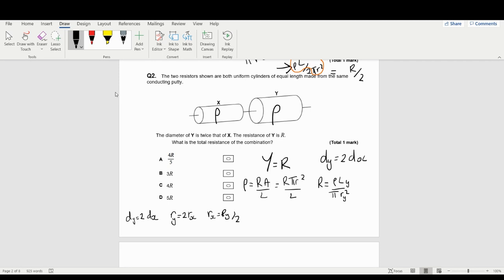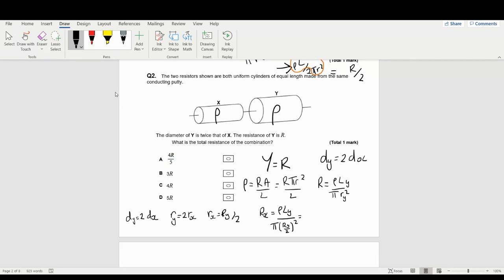Okay. So what's going to happen here is we're going to bung this into the formula. So we've got the R of X is going to be rho L of Y. Okay. And of course it's going to be pi, and technically it would be Rx. But I know Rx is Ry over 2 squared. So now I'm going to manipulate the formula a little bit more.